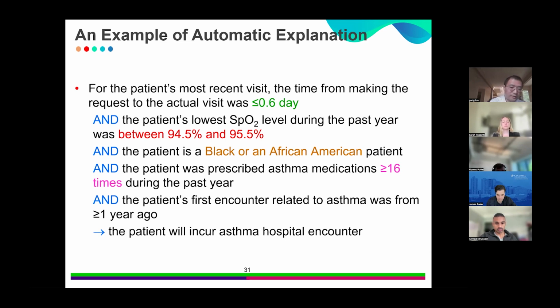The fourth factor is that the patient was prescribed asthma medications at least 16 times during the past year. And the last factor is that the first encounter related to asthma for this patient was at least 1 year ago.